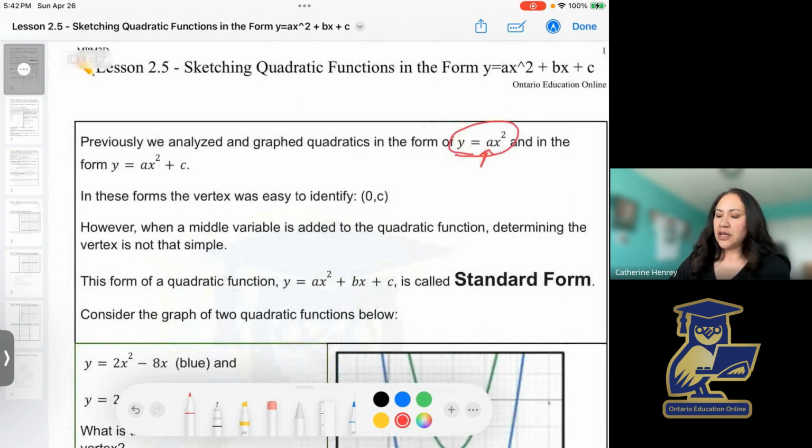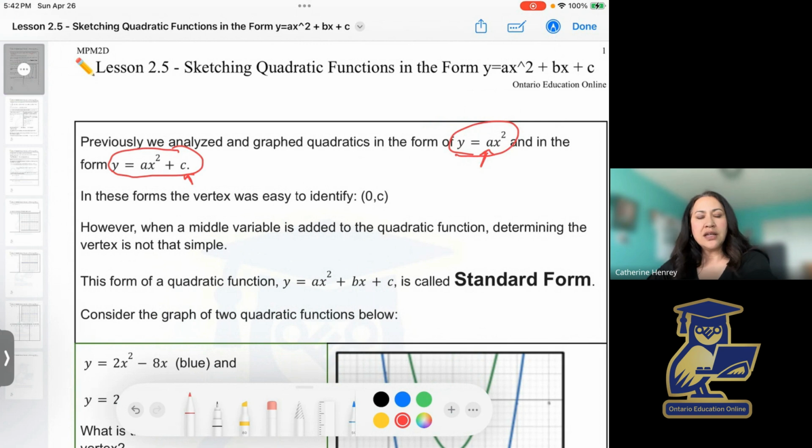Next, we took a look at adding this c value to a function. And we recognized that c moved the parabola up and down. If it's positive, it's shifted up. And if it's negative, it's shifted down. In these forms, the vertex was easy to identify, and it happened at 0 and whatever the c value is.